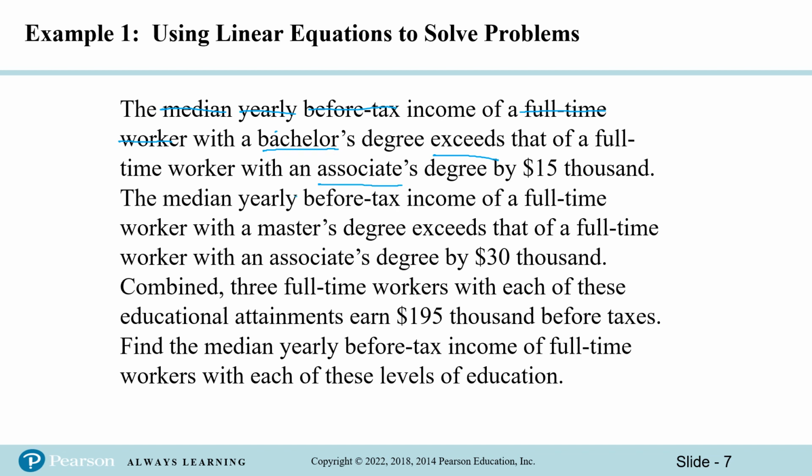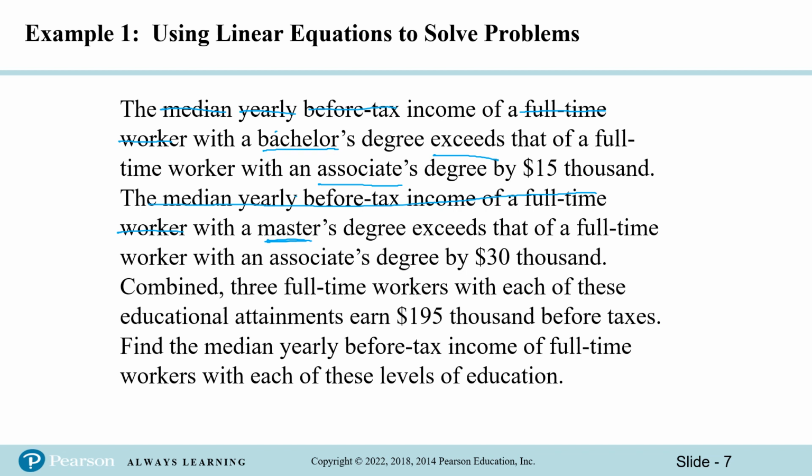Okay, so again, do we need to know that it's a full-time worker? No, we just need to know that we're comparing a bachelor's degree with an associate's degree by 15,000. The median yearly before tax income of a full-time worker with a master's degree, again, we don't care about any of this. This is what's important.